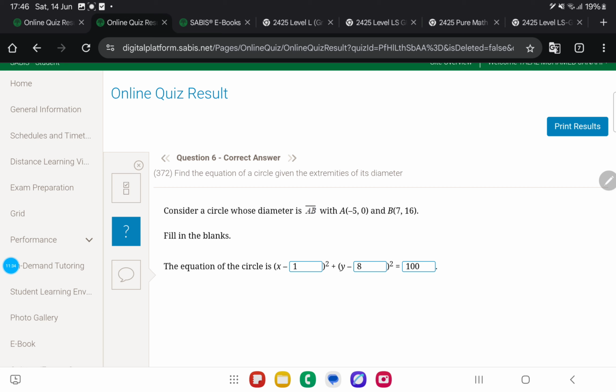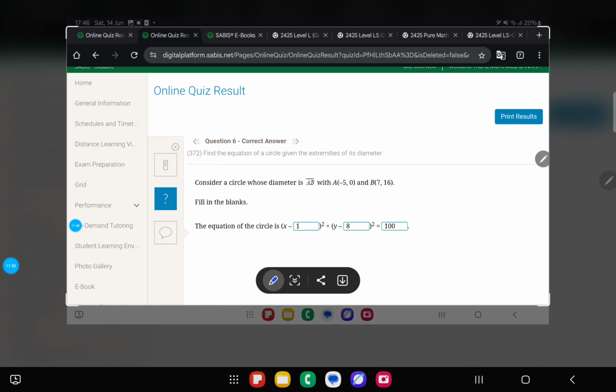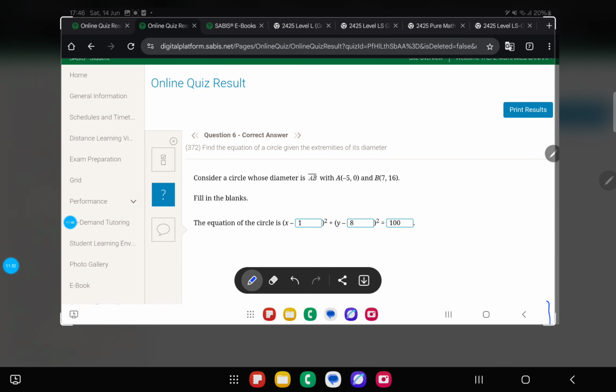Okay. Consider a circle whose diameter is AB, with A negative 5, 0 and B 7, 16. Alright, so we're going to use another rule now. Now we have a diameter, which is something different. They want us to find the equation of the circle, right? We're going to use the same rule, x minus xi squared plus y minus yi squared equals r squared.